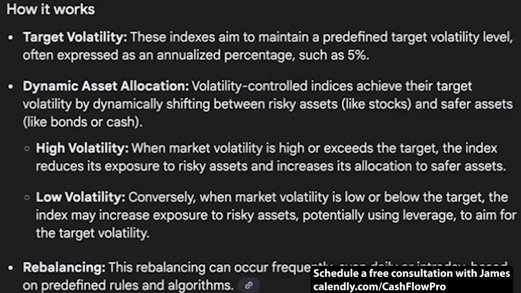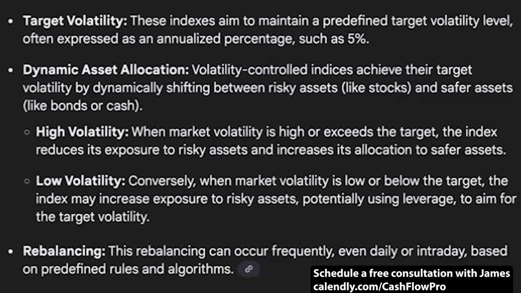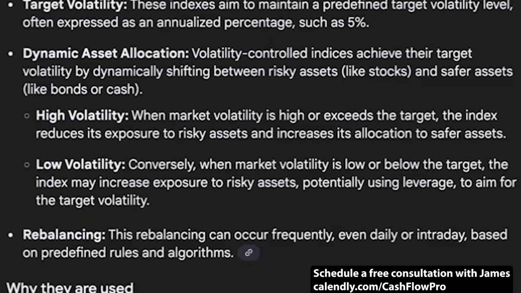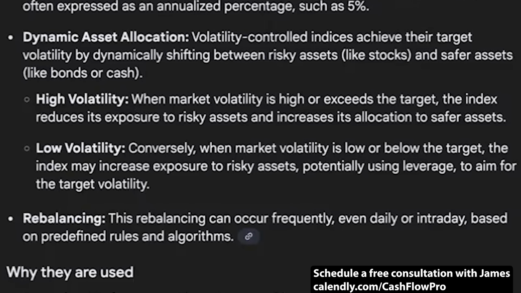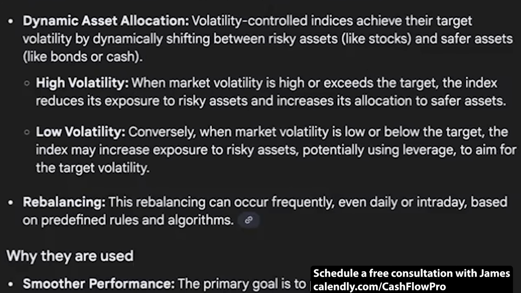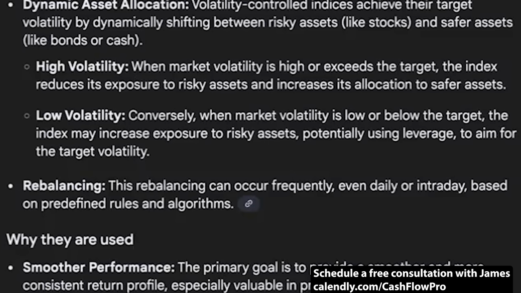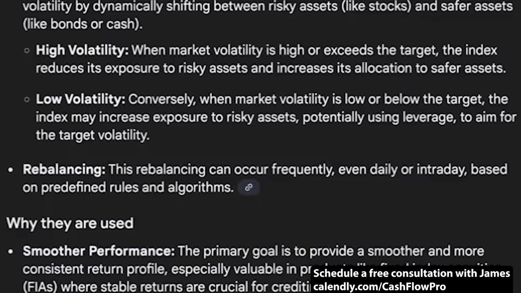Some of them will shift between equities, bonds, and cash, depending on how volatile the market is. Oftentimes, volatility is measured by the VIX when it comes to the rules that these indexes make for themselves. So when the VIX hits a certain number, they're going to start shifting more into bonds or cash. As the VIX reduces, or as volatility reduces, they're going to shift back more into equities.